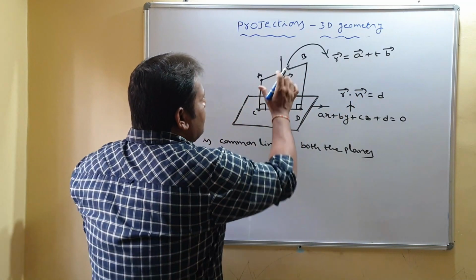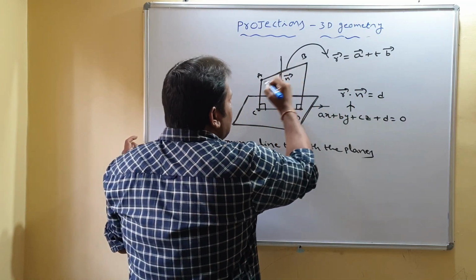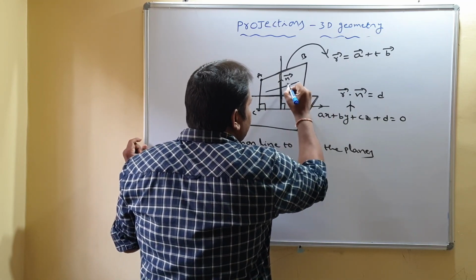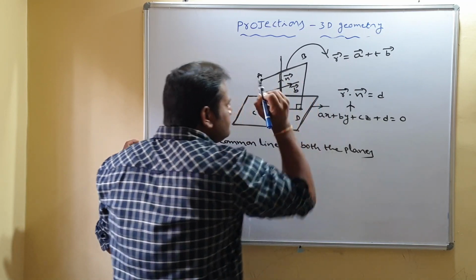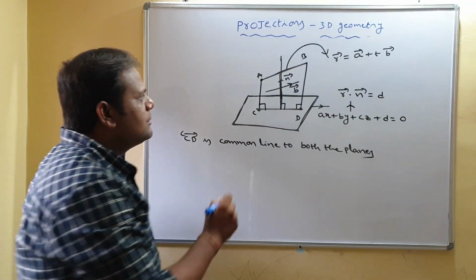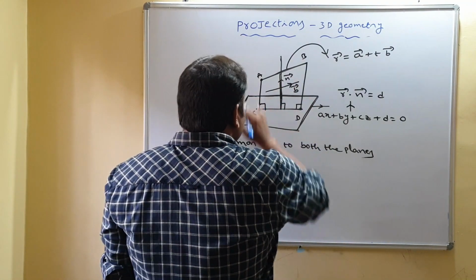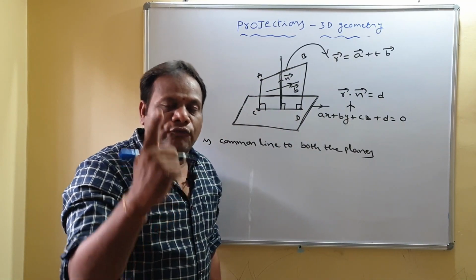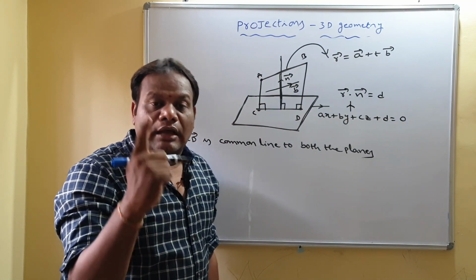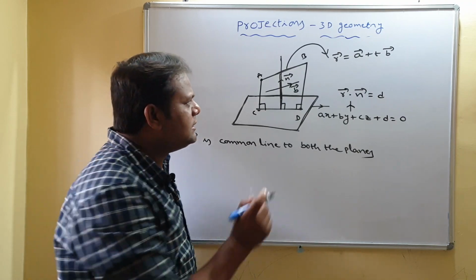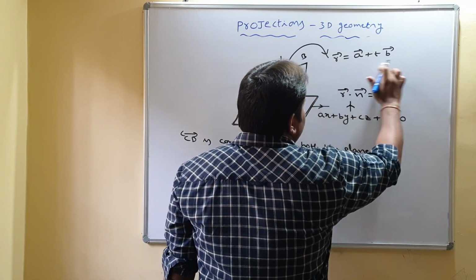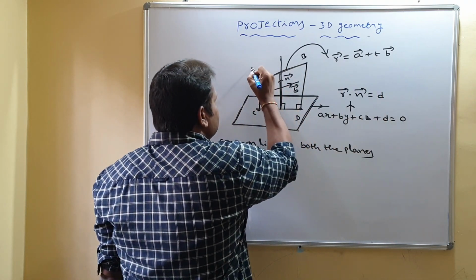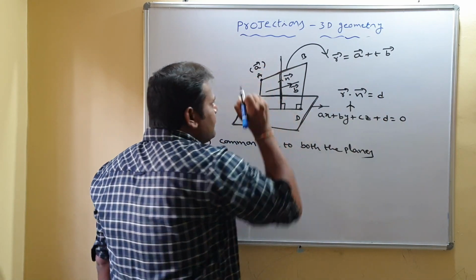So here the vector parallel to the line AB is b bar. Now to get the plane equation ABCD, we want one point on the plane and a normal vector. A point on the line is A of a bar.